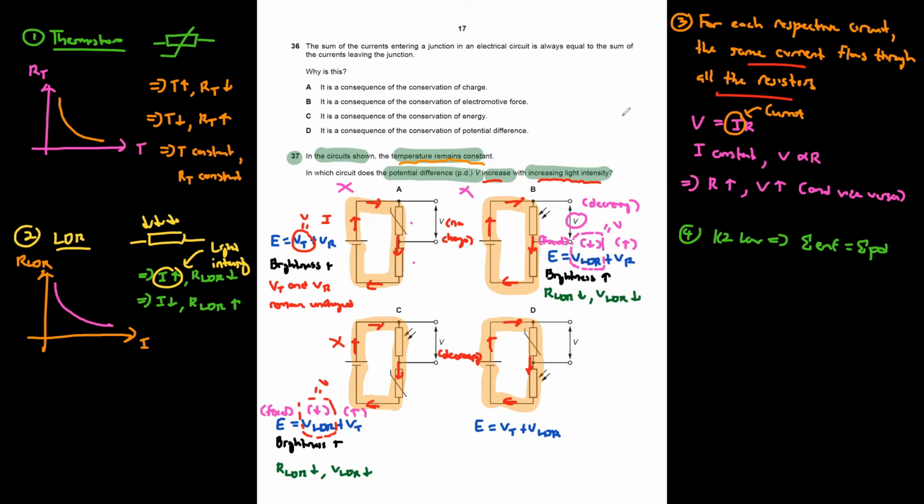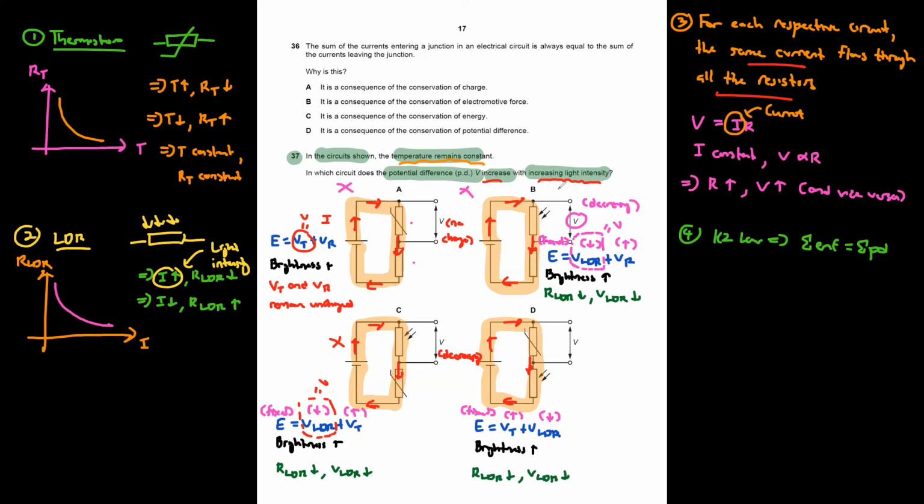Then the last one ought to be the correct one, but let's double check. If your brightness is increasing, same thing as before, the resistance of your LDR drops, and the voltage across your LDR drops. So your EMF E being fixed here, the voltage across LDR drops, and the voltage across your thermistor increases.